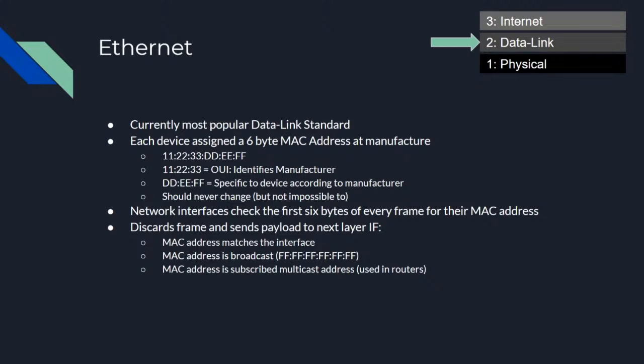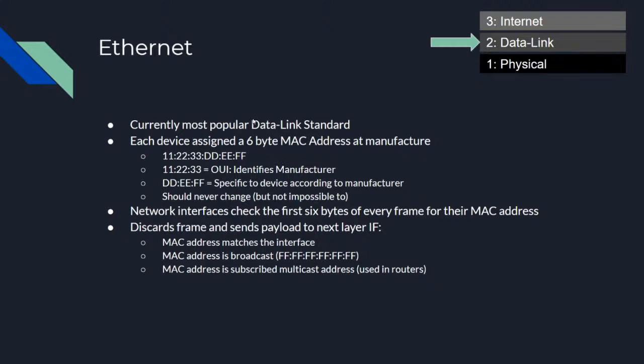But if you notice, this is a MAC address. Wi-Fi uses the same thing, but we're not here to talk about Wi-Fi, so let's throw that to the wayside. Each Ethernet device is assigned a 6-byte MAC address at manufacture, represented here as colon-separated hexadecimal.